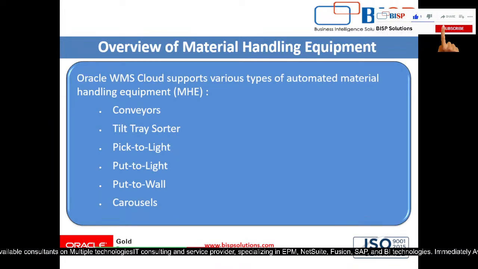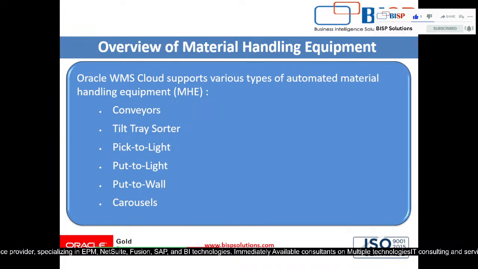Like we have the conveyor system, tilt tray sorter system, pick to light, put to wall, and carousel. So these are the automated material handling equipment.